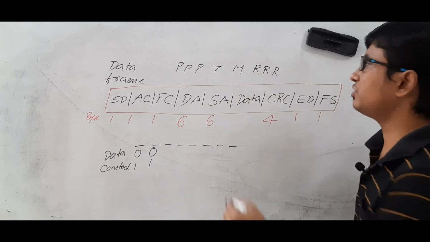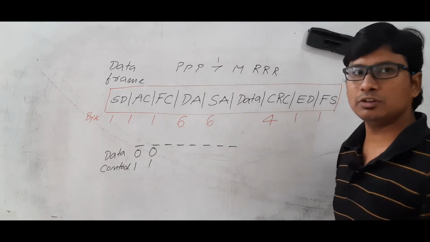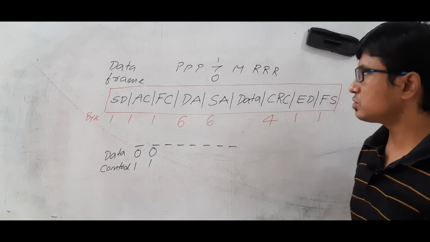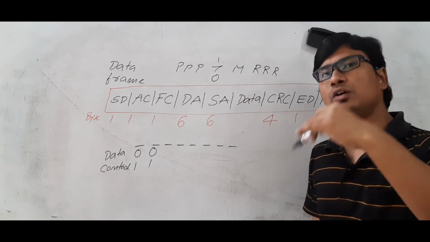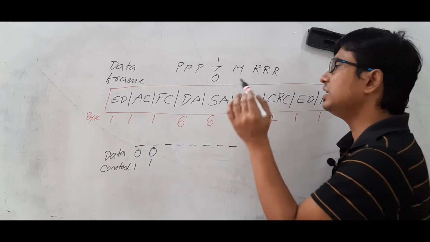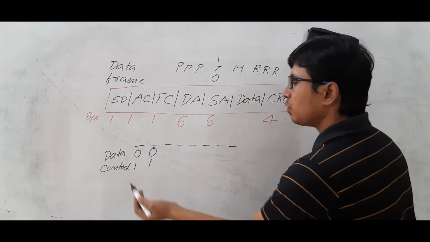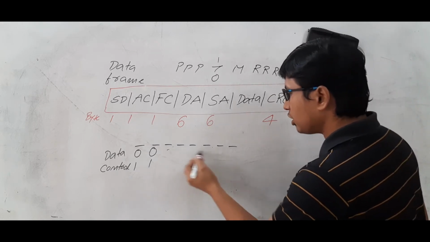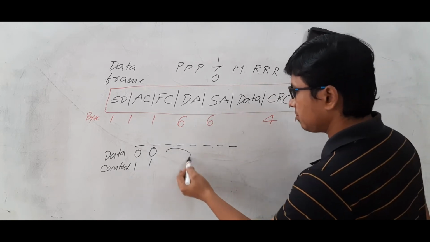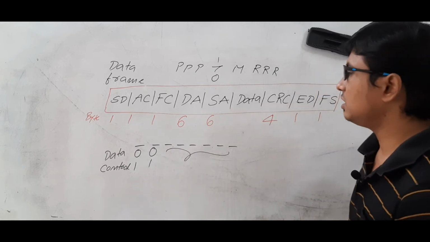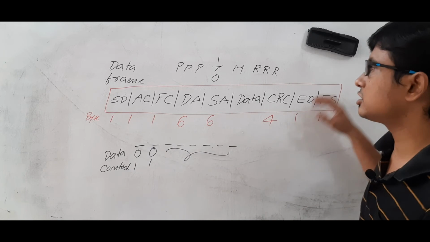We said that if it is a token frame, the T value will be 1. If it is a data or control frame, it will be 0. So it can be either data or control. So if it is 0, 0, I can clearly say that it is a data frame. If it is 1, 1, I can say that it is a control frame. And the type of control will be carried by the remaining 6 bits. What kind of control messages you are using will be carried in these 6 bits.